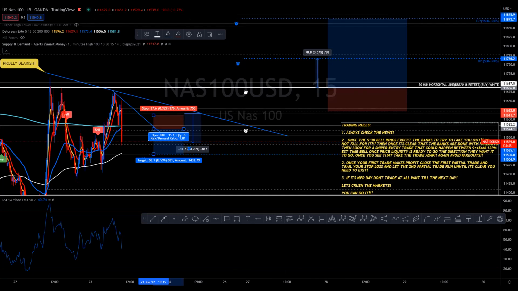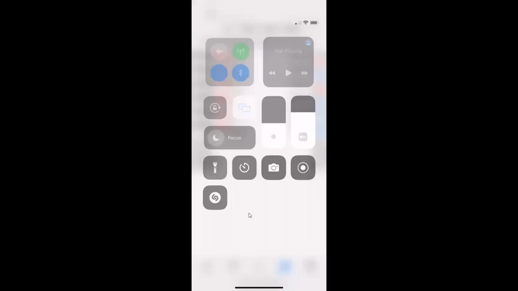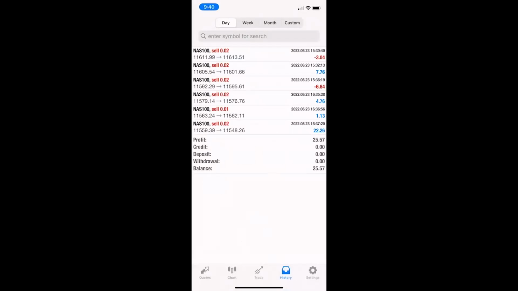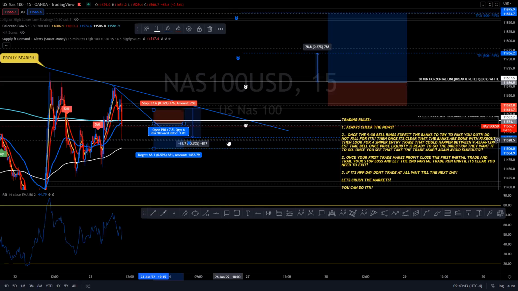So $25 profit on this one. So I'm going to actually take that out. That's good, because I made that. So price really did drop. It was starting to retrace back up again.